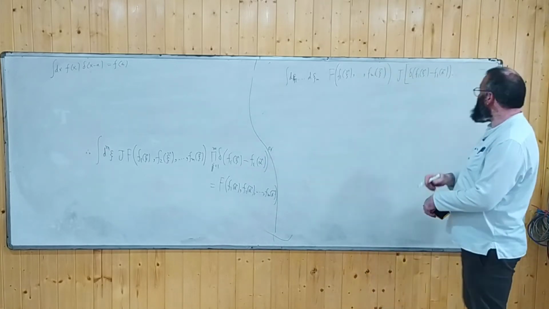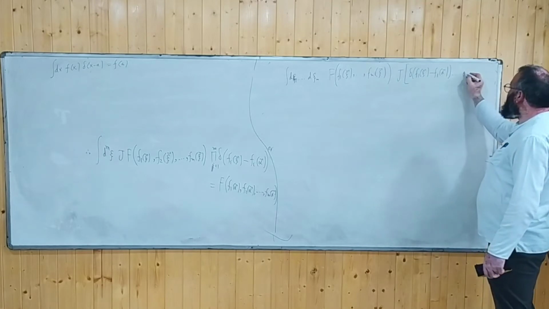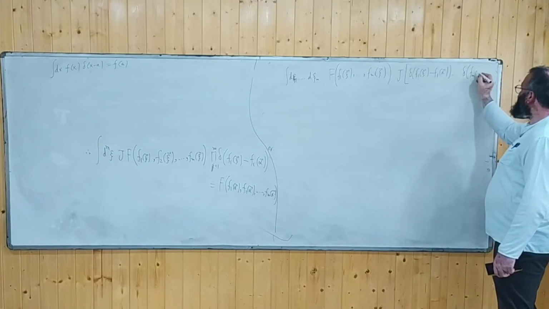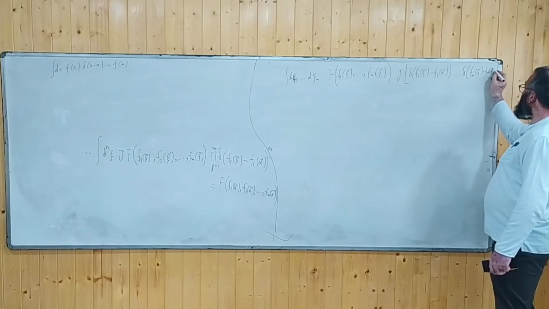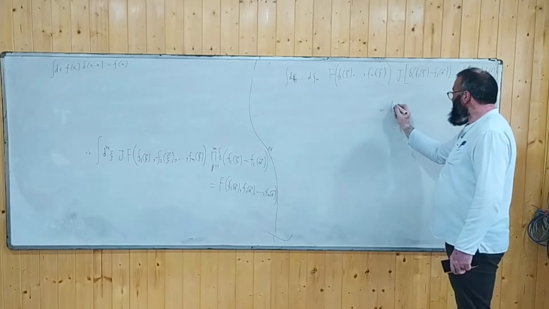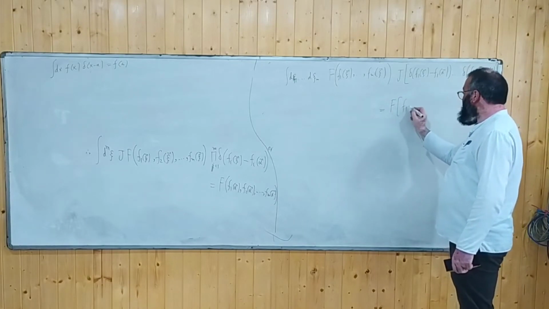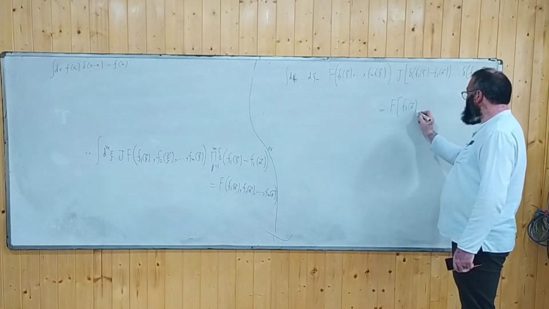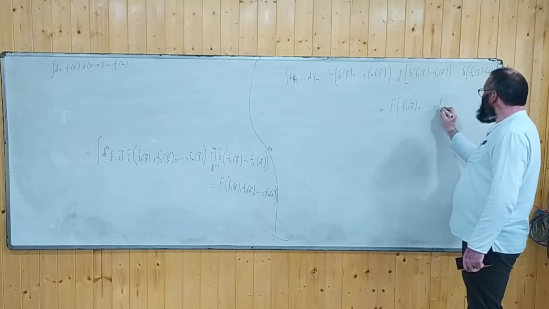M delta functions, up to delta of fm of zeta minus fm of alpha. So that's equal to f of f1 alpha ... fm.